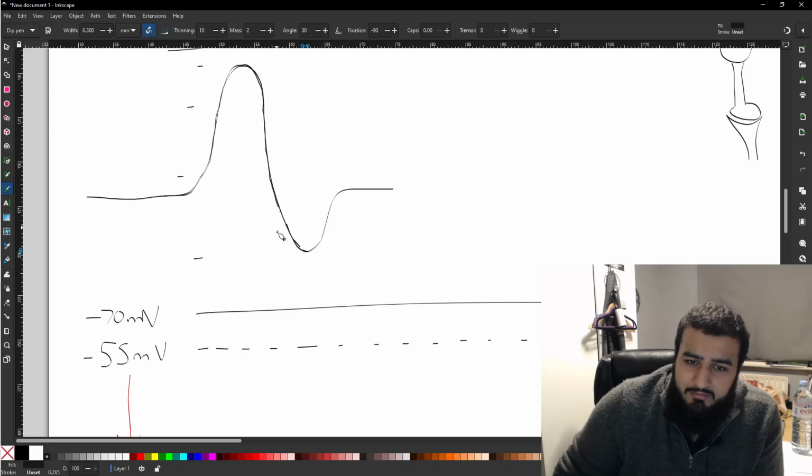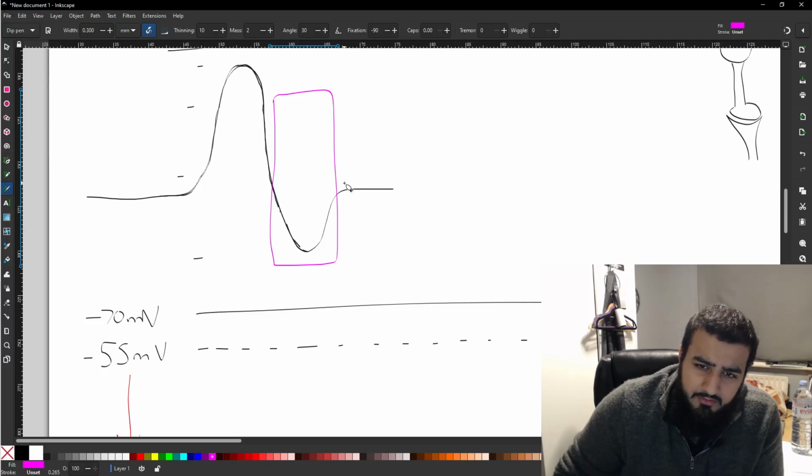And this period is quite special, so we'll mark it out for now. This is the relative refractory period, after which we return to a resting potential.